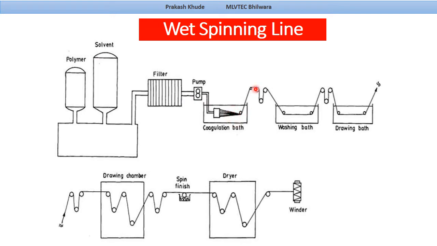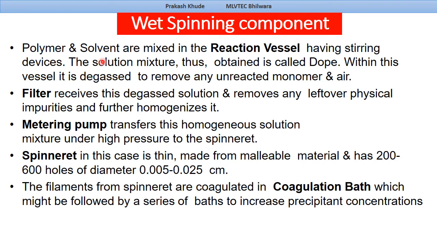After that the filament is taken for washing, and then drying of the filament, for taking the orientation in the polymeric chains. Then drawing chambers. Then we apply the spin finish, which gives antistatic, cohesion and lubrication properties. Then we have the dryer, and finally winding of the filament takes place in the wet spinning system.